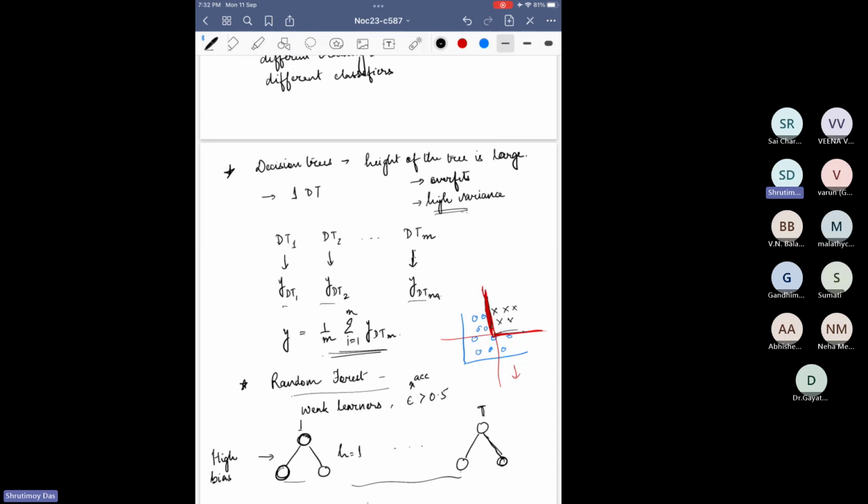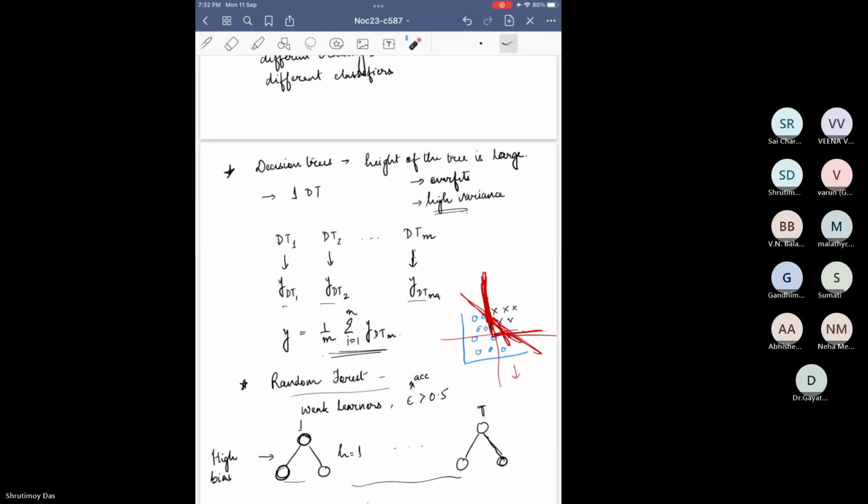But maybe you have a third learner which also learns something like this. Then if you take their addition, it will have this, this, and this. So the decision boundary will be something like this, which is still better than a single learner which outputs like this, or like this, or like this.